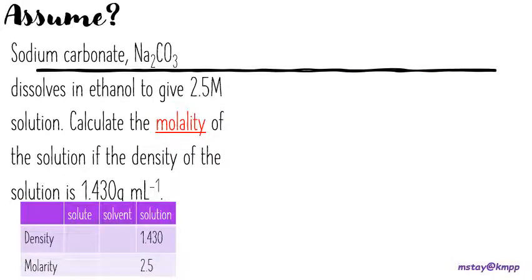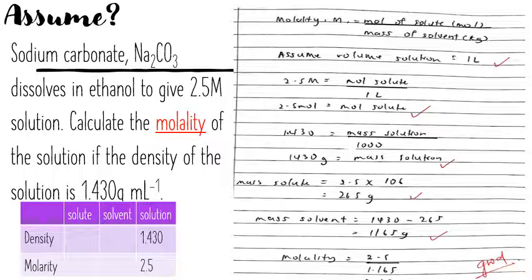Now we focus on question example 5. Similar to the previous step, gather all the information into the table and then list down the formula that we are going to use: mole of solute over mass of solvent in kilogram.